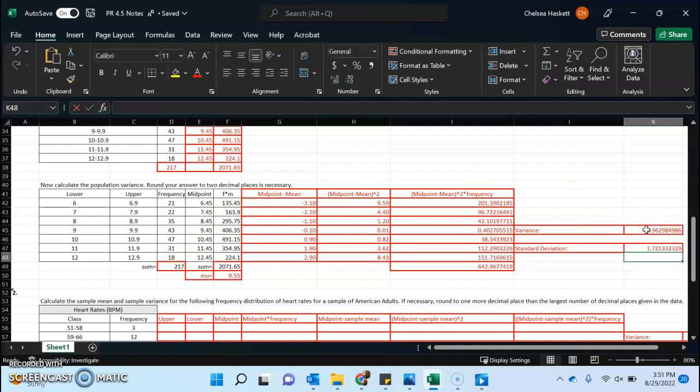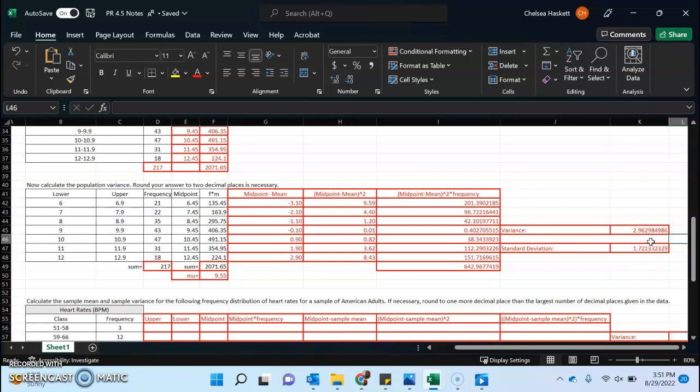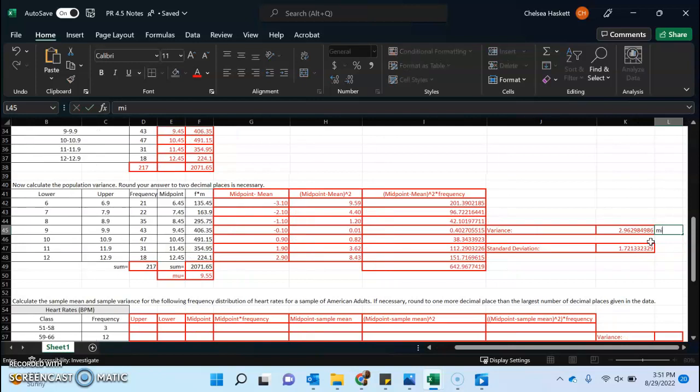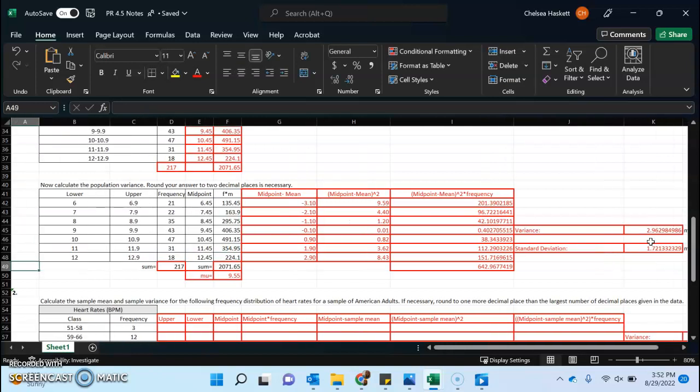Okay, it doesn't ask for standard deviation, but we might as well give it because we know the square root of the variance is the standard deviation. So 2.96 whatever minutes and 1.7213 minutes.